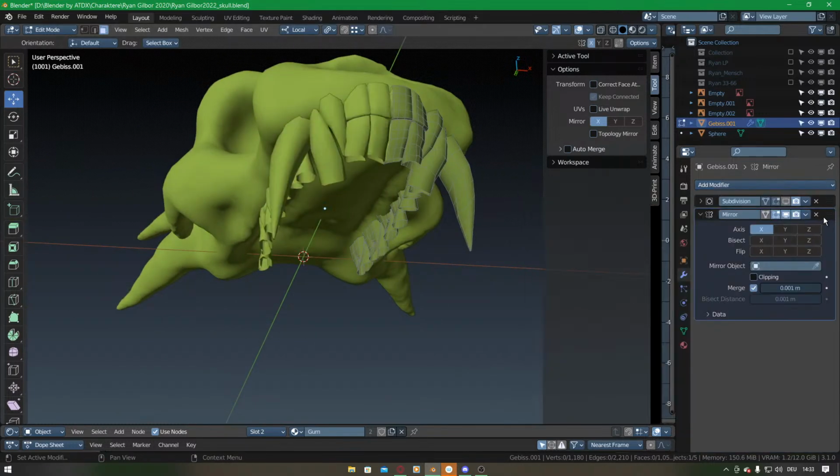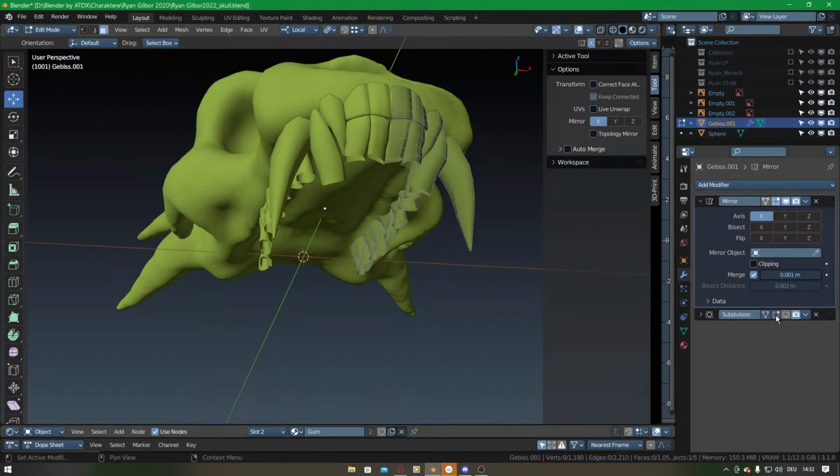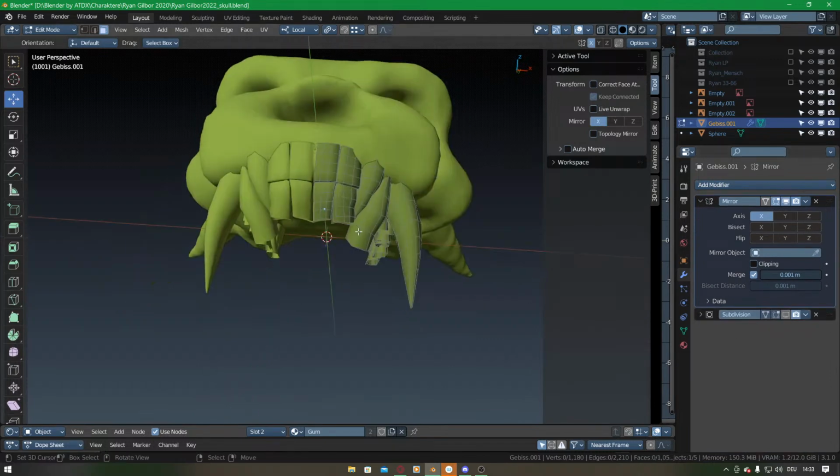Let's get a mirror. The subdivision is not necessary currently. And no merging necessary. No clipping. Because the teeth are obviously not connected. Would be a little bit weird if you just have these white teeth in front.